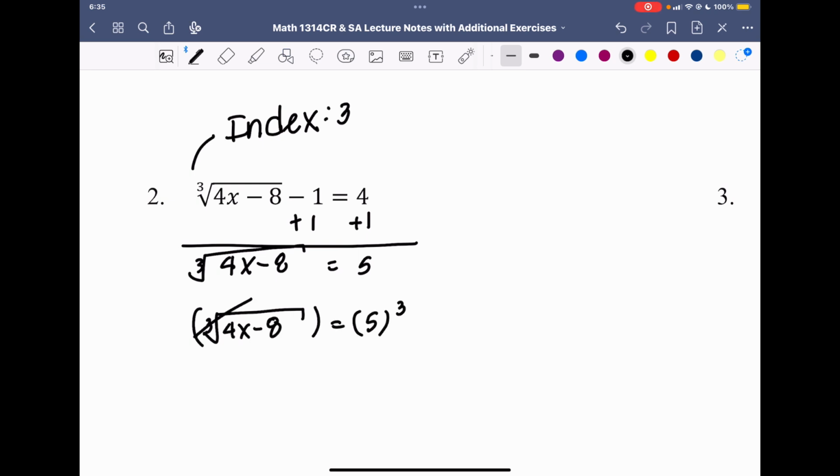So what this does is it takes away, on the left, the power and the radical, and on the right, we're going to get 125. So now we're solving for x.